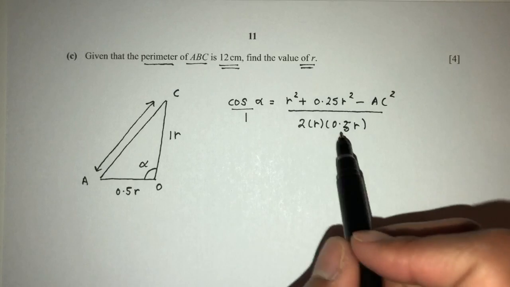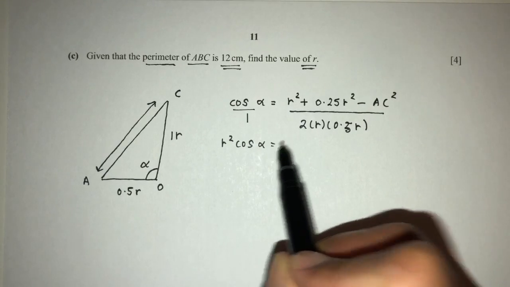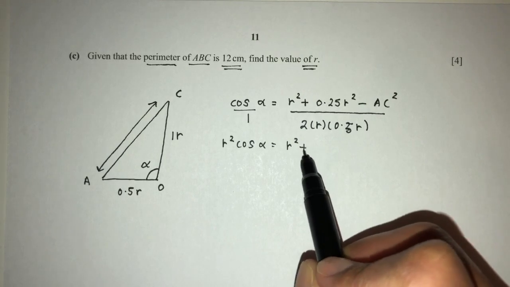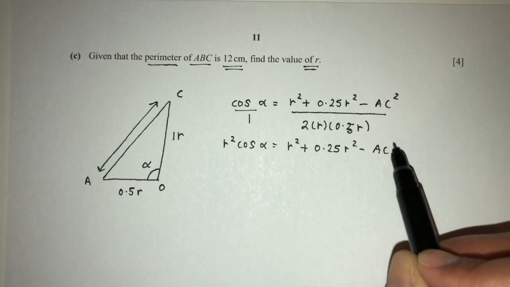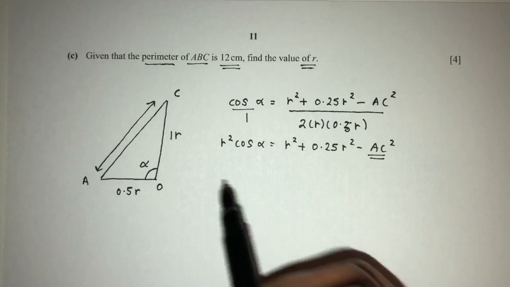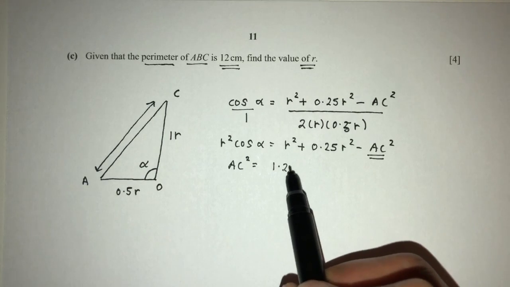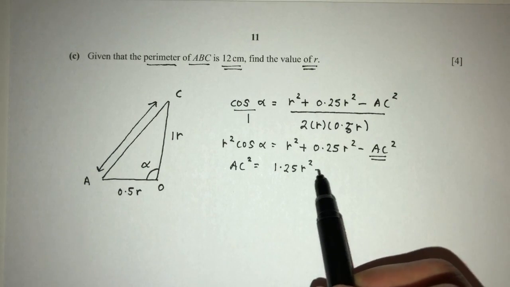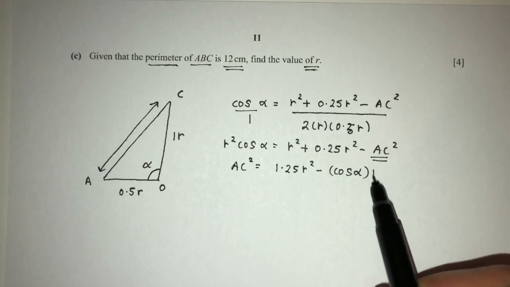You will have R square cos of alpha is R square plus 0.25 R square minus AC square. Now let's make this the subject. So AC square will be 1.25 R square minus cos alpha R square.